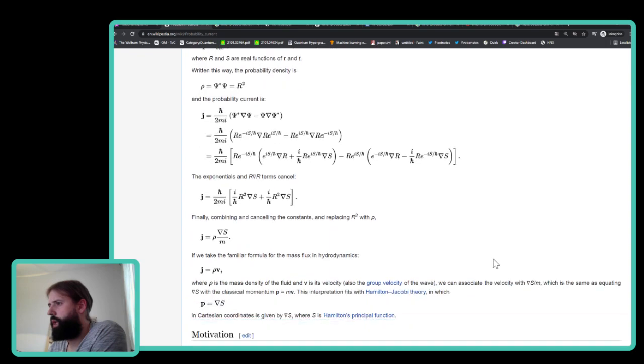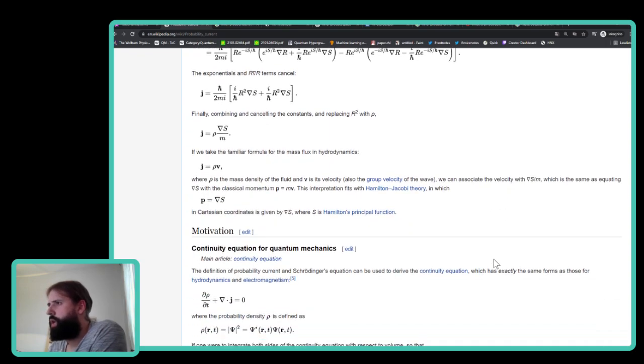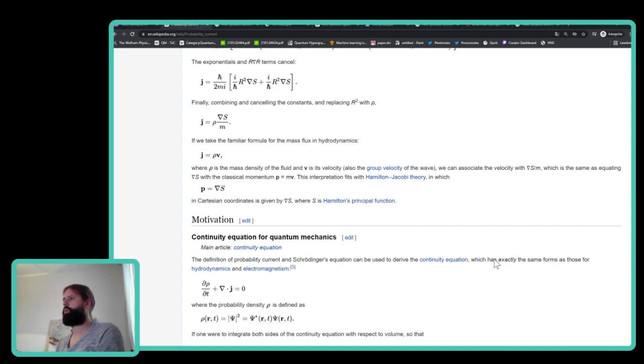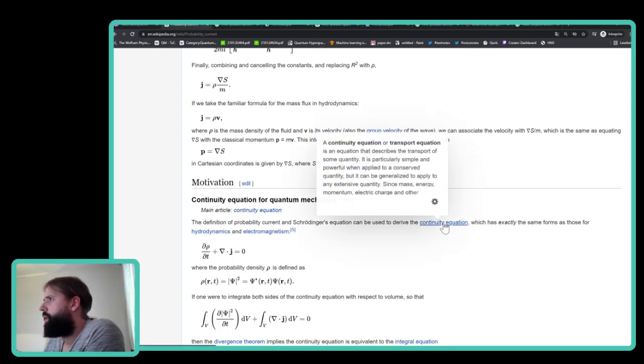Connection with classical mechanics. Motivation. The definition of probability current in Schrödinger's equation can be used to derive the continuity equation. It is an equation that describes the transport of some quantity. It is particularly simple and powerful when applied to a conserved quantity, but it can be generalized to apply to any extensive quantity, which is exactly the same form as those in generalized electromagnetism.